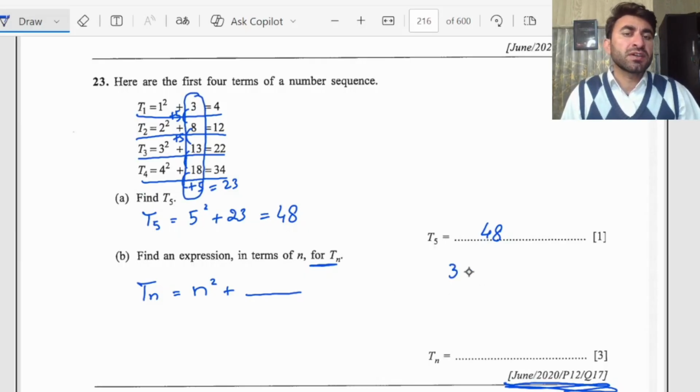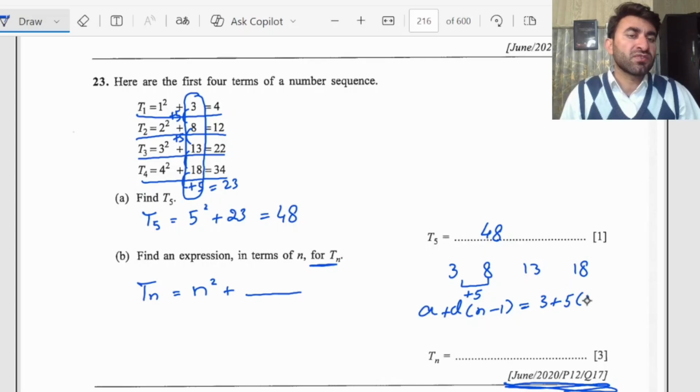So we will figure out the nth term for this sequence, 3, 8, 13, 18, as the common difference is 5. The nth term formula for this linear sequence is a plus d times n minus 1, where a is the first term, which is 3 here, and the common difference is 5.